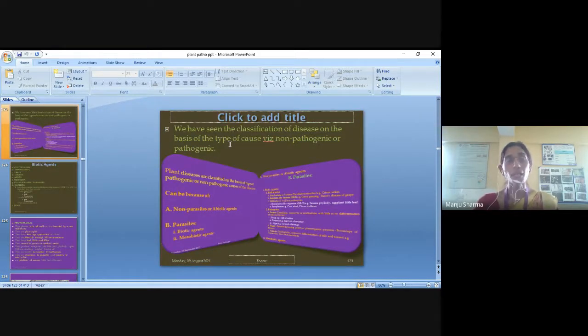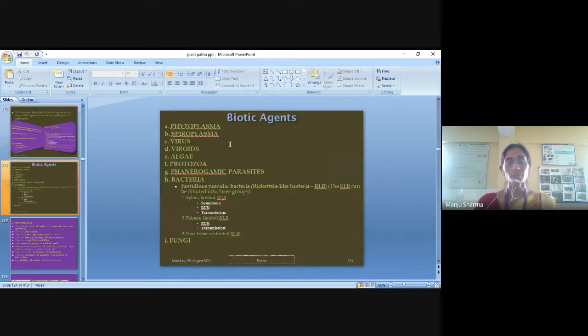So here we have seen the classification of diseases on the basis of the type of cause, non-pathogenic or pathogenic. Biotic agents include phytoplasma, spiroplasma, viruses, viroids, algae, protozoa, phanerogamic parasites or bacteria.